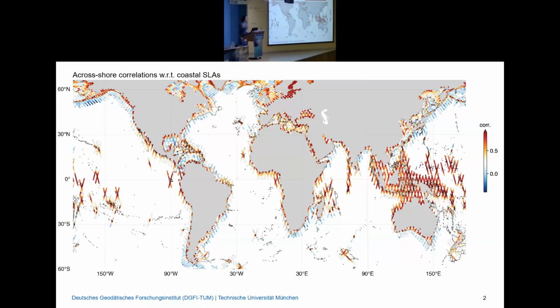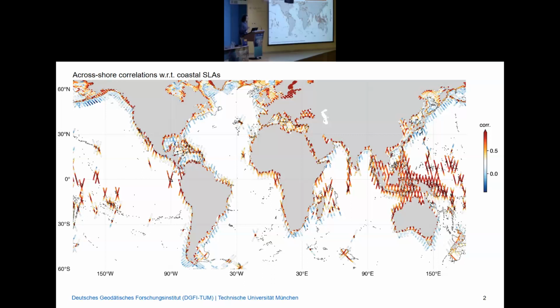And understanding why this is happening and to what extent coastal and open ocean sea level differs is very important, not only when we think of validating tide gauges, for example, so what are the regions where sea level is consistent and coherent, but also from a mechanistic perspective, because we would also like to understand the drivers which cause such coherent sea level variations.